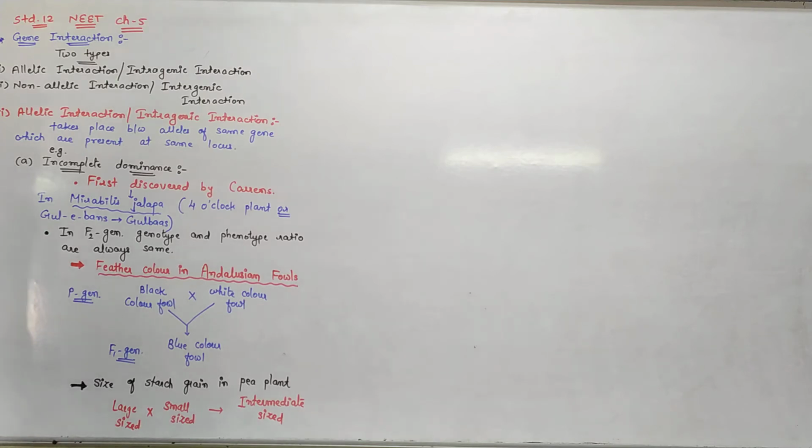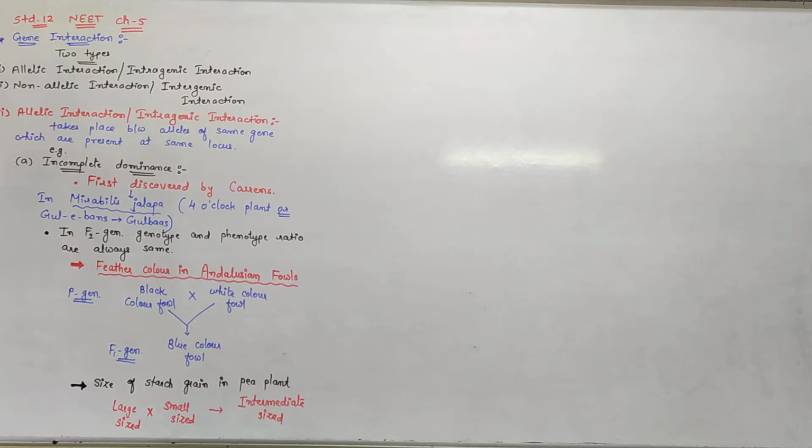in the parental generation, a large sized grain is crossed with a small sized one. Actually, at the end of codominance, you have this information. A large sized seed crossed with a small sized one. Fine.